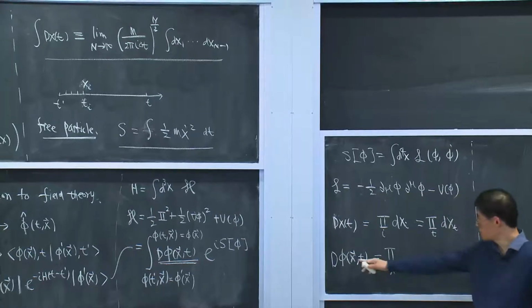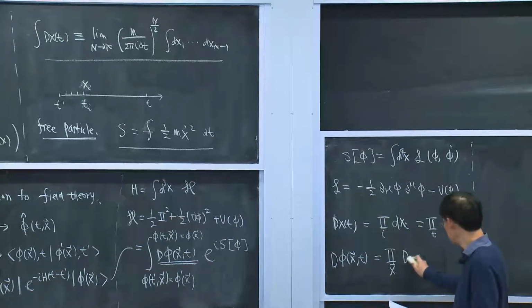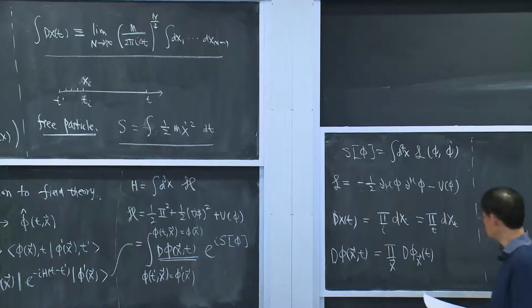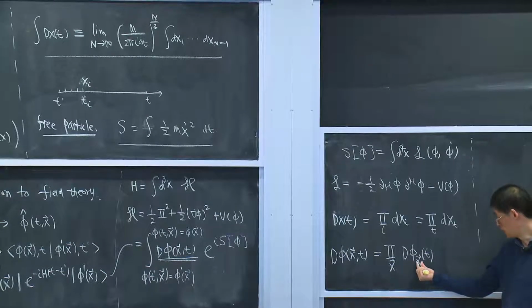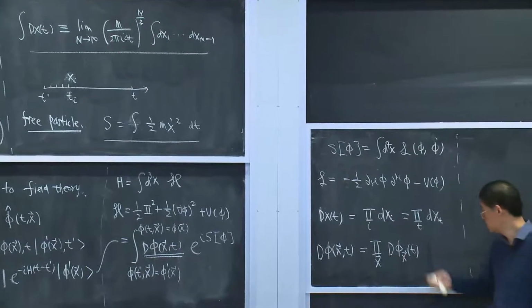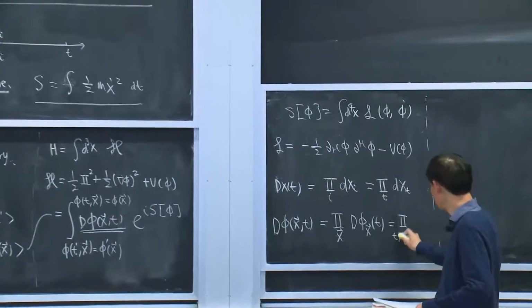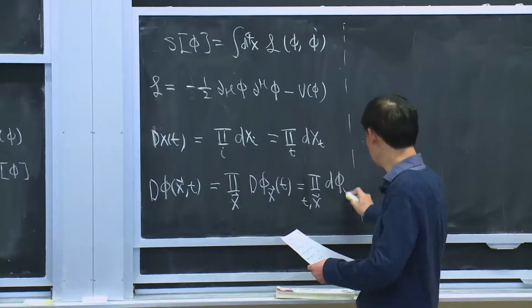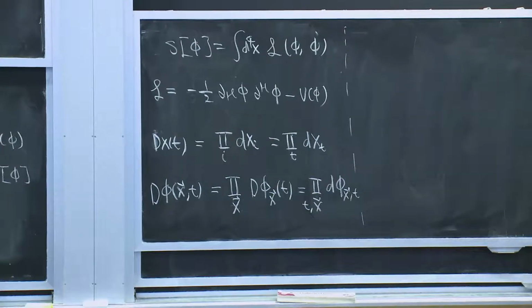The x are the labels of phi, and you take all possible values of x, and each of them is just like a separate variable. So each x labels one degree of freedom. Okay, and then you have phi t, and then you have the measure over t phi. So is it clear what this equation means?